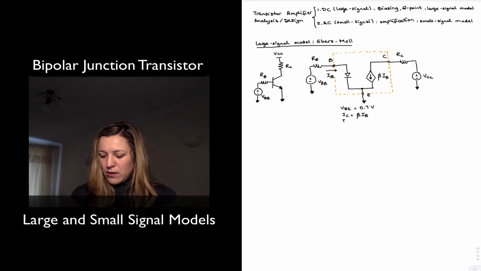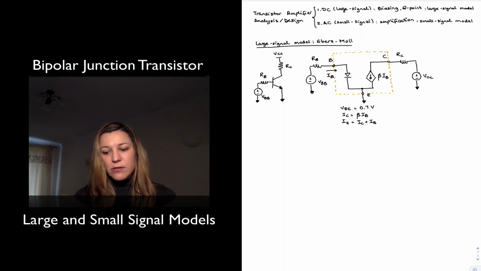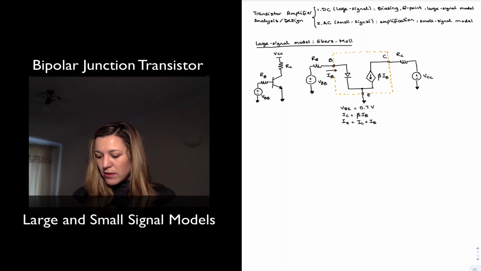And then by Kirchhoff's current law, IE is equal to IC plus IB, or the sum of the currents entering the device equals the sum of the currents leaving the device. I haven't labeled IC and IE, but there they are.